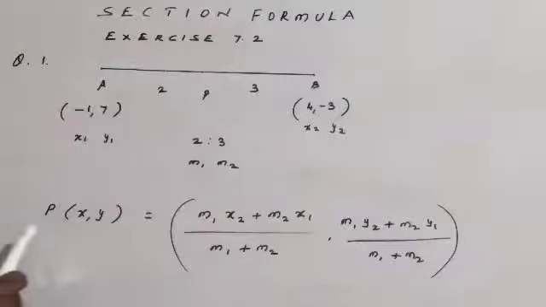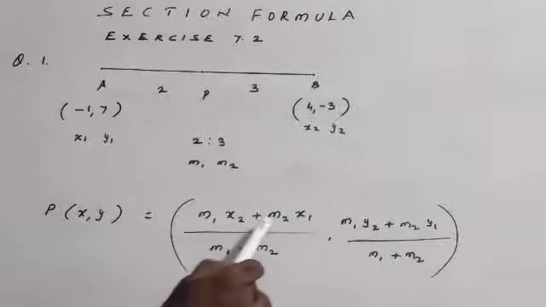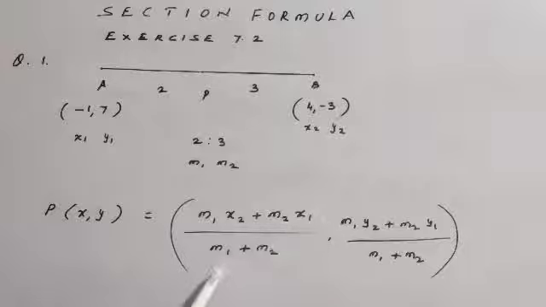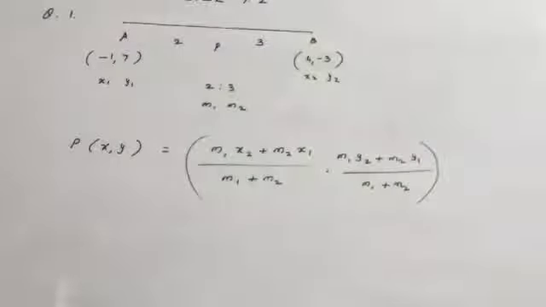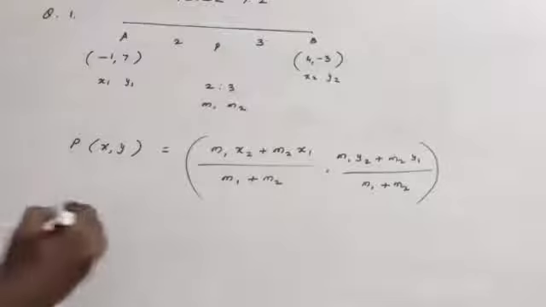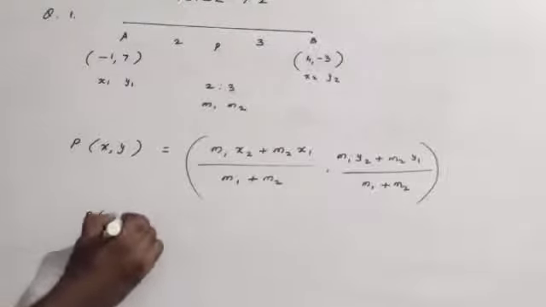Now the formula is P of x comma y equals m1 x2 plus m2 x1 by m1 plus m2, comma m1 y2 plus m2 y1 by m1 plus m2. Now applying the values we can get the point P. First write P of x comma y as it is.